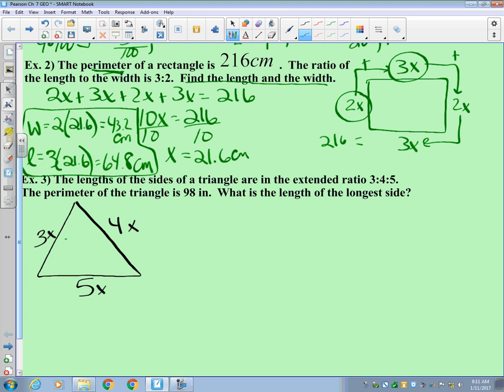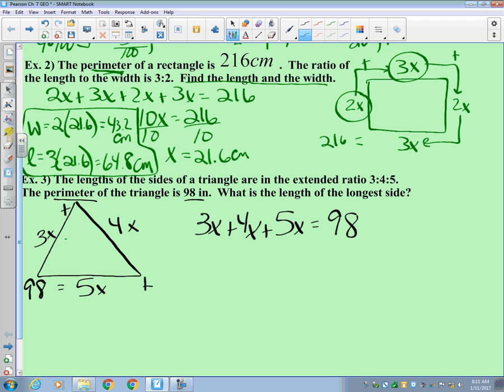But I do know that the perimeter is 98. So we're just going to add these 3 together, and it's going to equal 98.